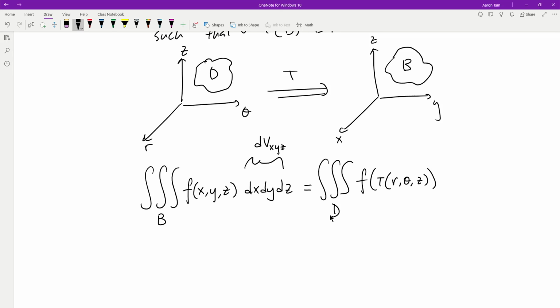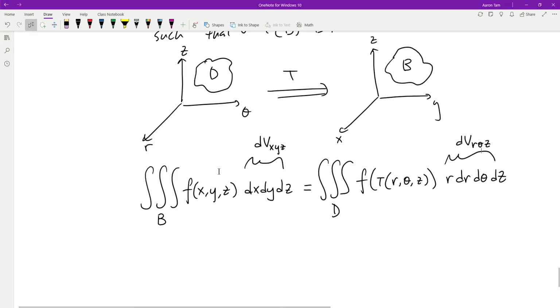So now comes the interesting thing. What is the correct way to change the differential? And that will actually be this. Does that seem shocking to you? You have seen this before, but it shouldn't be, because in this case dV in r, theta, z and xyz only differ in r, theta replacing x and y, which is simply the polar coordinate transformation.